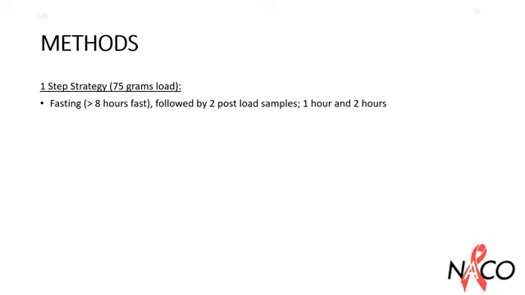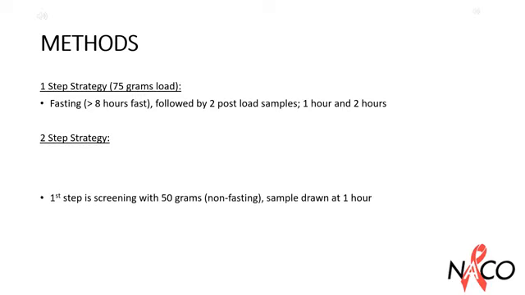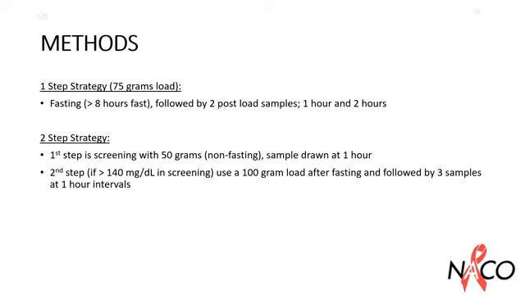In the two-step strategy, the first step is to screen with 50 grams of glucose and the sample is drawn at 1 hour. In the second step, if the screening value is more than 140 mg per deciliter, a 100 gram load of glucose is used after fasting, followed by 3 samples at 1 hour intervals. Please refer to the current ADA guidelines.